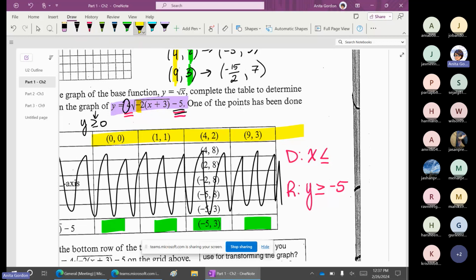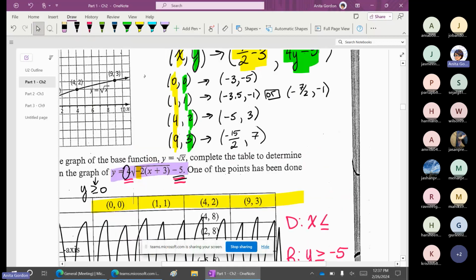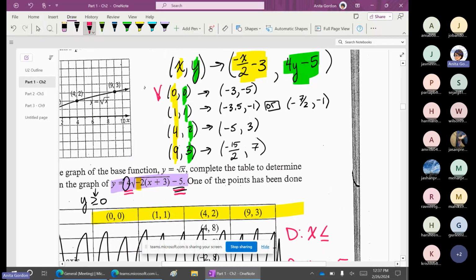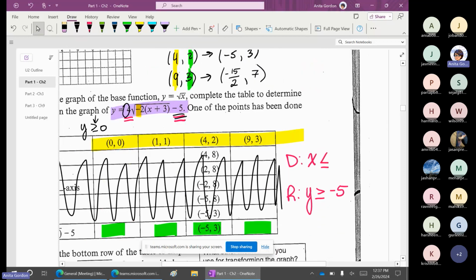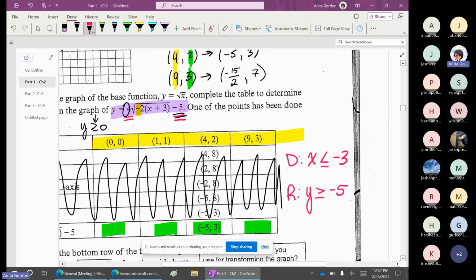So your negatives are going to change the direction of your inequality symbols. So it's going to be less than, and what's the number? Where's your origin? It's going to be less than or equal to -3. So reflecting over the y changes the inequality, and the value is based on the shift.